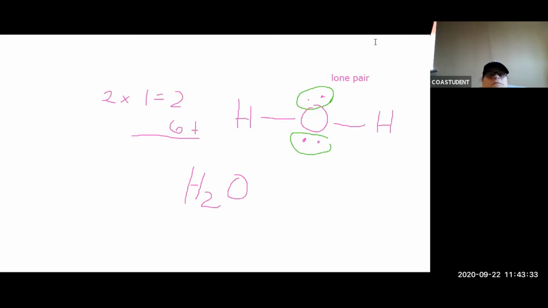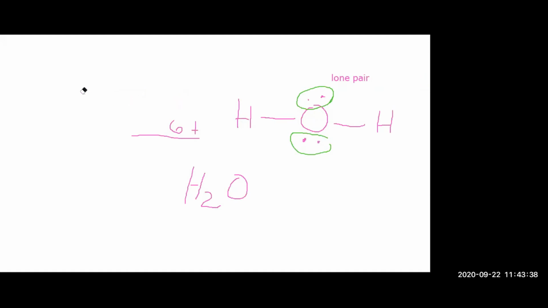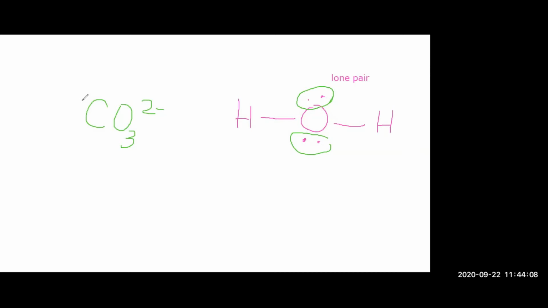Okay, so let's say we have ions, or in this case, polyatomic ions. So I'm going to draw one: CO3 2 minus. This tells me that I need to add 2 additional electrons. Carbon has how many valence electrons? 4.